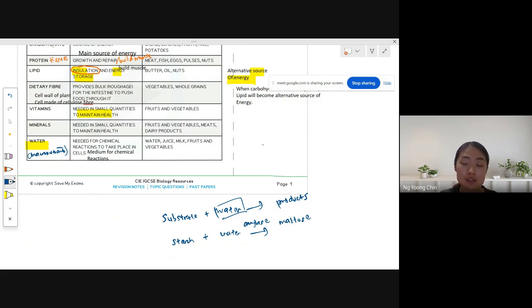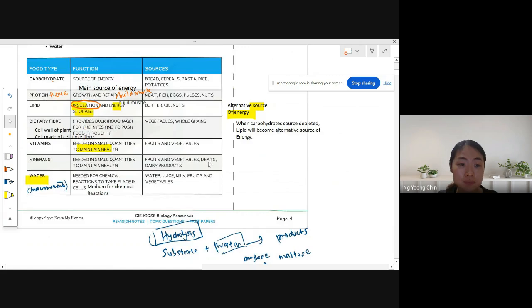The name of this process we call hydrolysis, because it requires the usage of water to split the starch into the smallest form of nutrient, which is maltose. So this is the function of water, which is for the chemical reaction to occur.